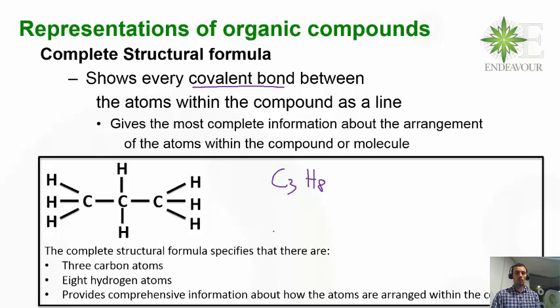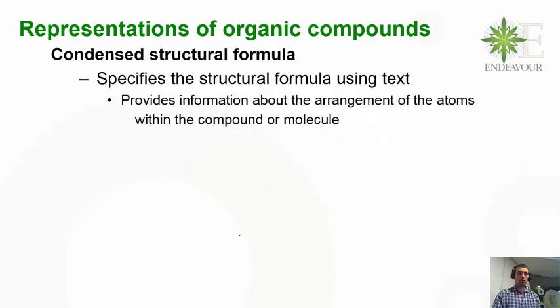When you draw compounds out, usually we'll put them in this form, but there is another simplified form that we commonly see, and that's what I'm going to show you in the next slide. We call this the condensed structural formula. It's a modified version of the complete structural formula.